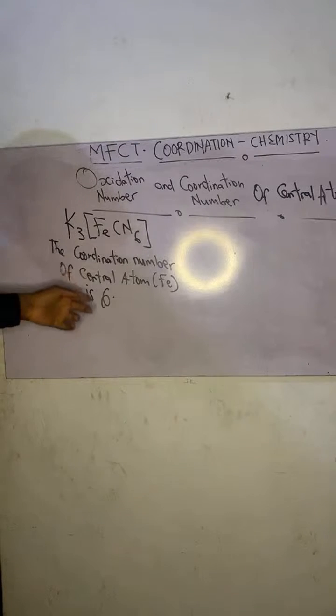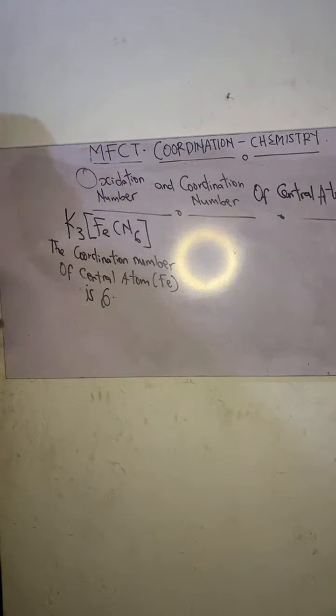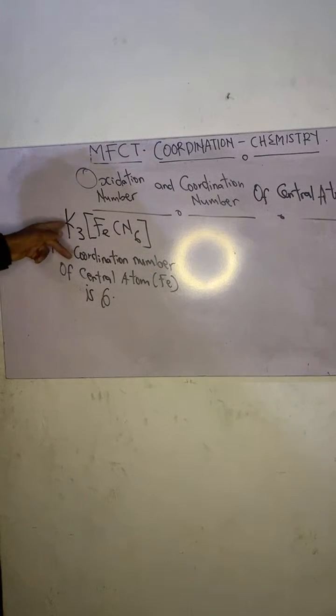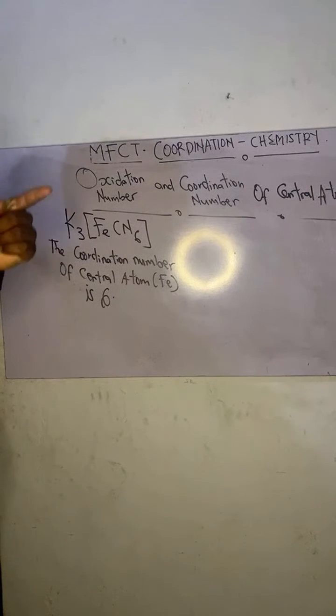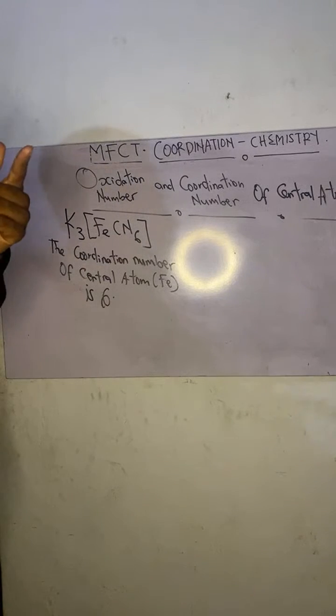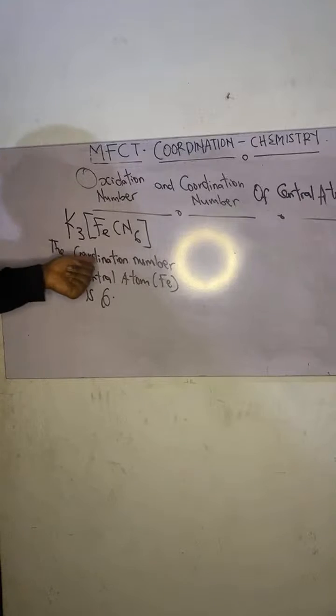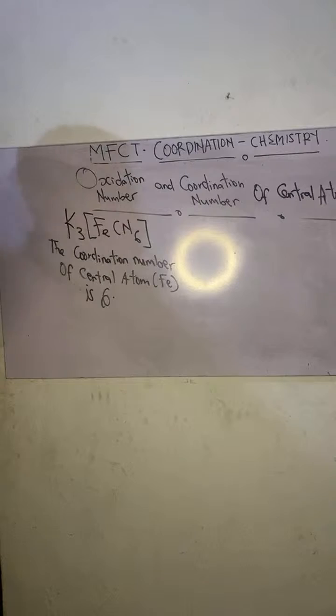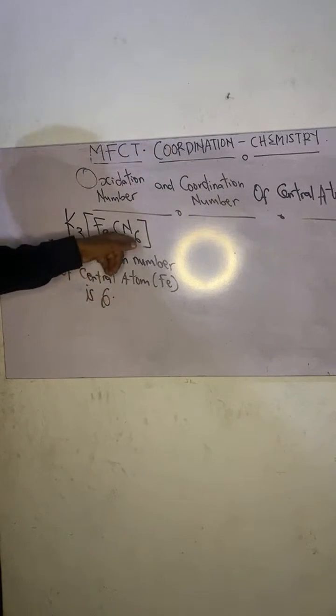So the coordination number is 6. We majorly talk about the coordination number of the central atom, or I say the coordination number of the coordination center. If you followed the class from the beginning, I said that the central atom can also be referred to as the coordination center. So the question can come as what's the coordination number of the central atom or of the coordination center. So the answer is 6, the number of ligands that is here.